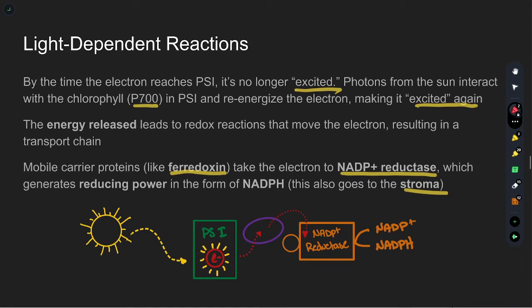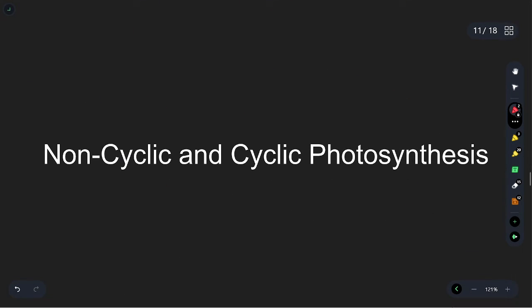And then we mentioned things from this slide. There is also another part to light-dependent reactions that is really important to understand too, and it is non-cyclic versus cyclic photosynthesis.